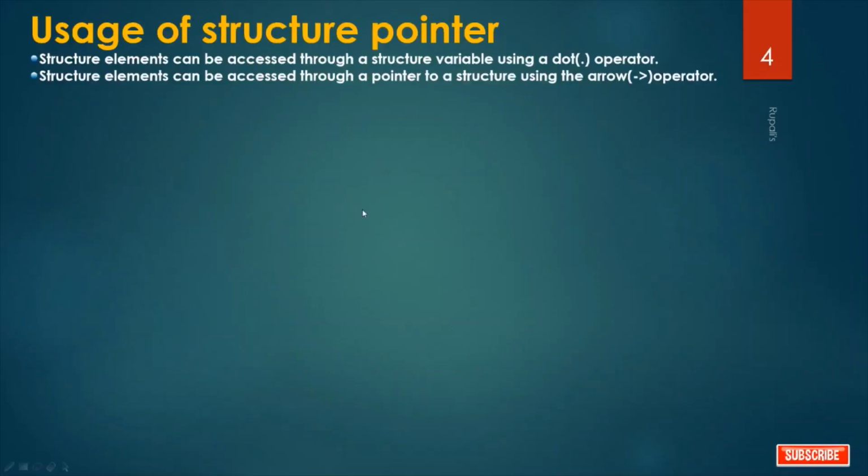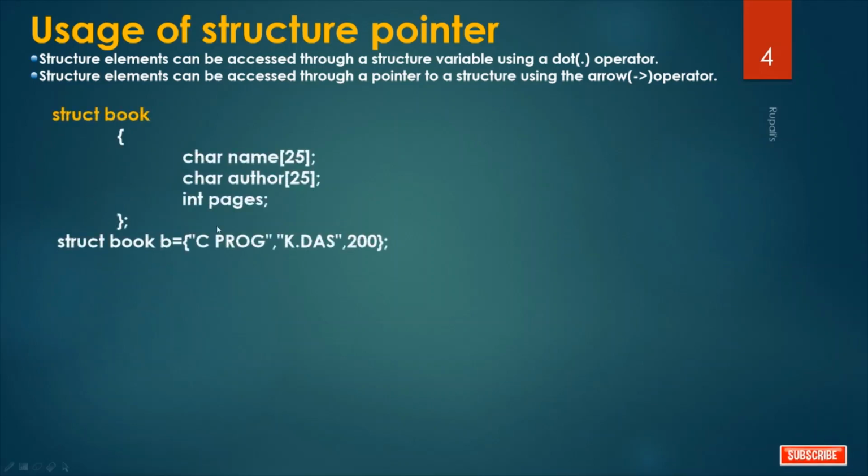So, we recall, a structure element can be accessed through a structure variable using the dot operator, and a structure element can be accessed through a pointer to a structure using the arrow operator. So, see the example. Here I declare one structure variable b.